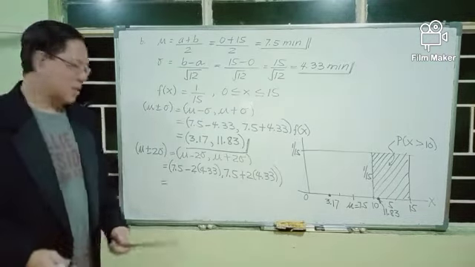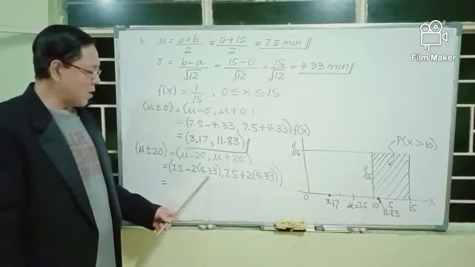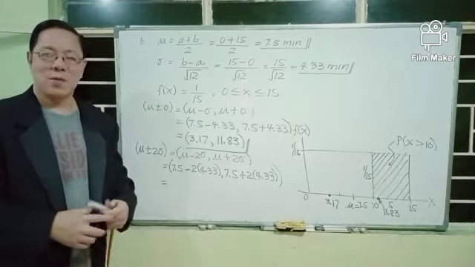And we compute this value, 7.5 minus twice 4.33, using our calculator.